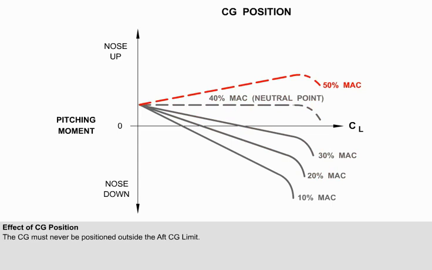And with the CG at 50% MAC, the aircraft will be unstable. The neutral point and 50% MAC are shown with a dashed line, because operationally the CG must never be positioned outside the aft CG limit.